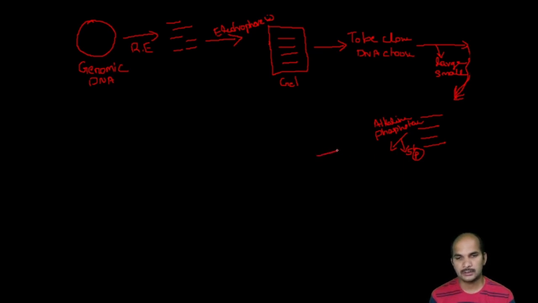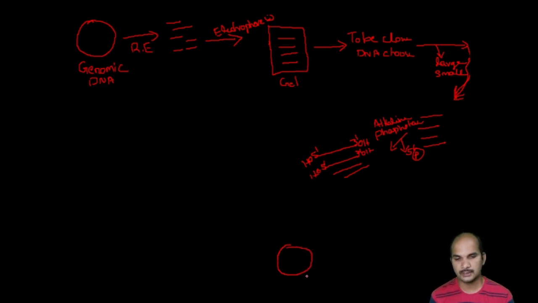So it remains with 5 prime OH at the 5 prime side, and at the 3 prime side it obviously has a 3 prime hydroxyl group. Now we have to choose the vector.